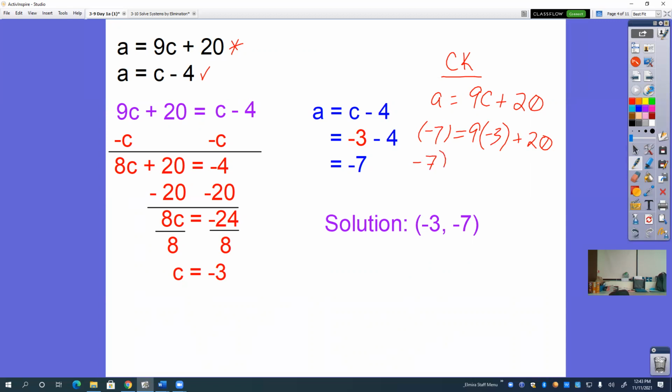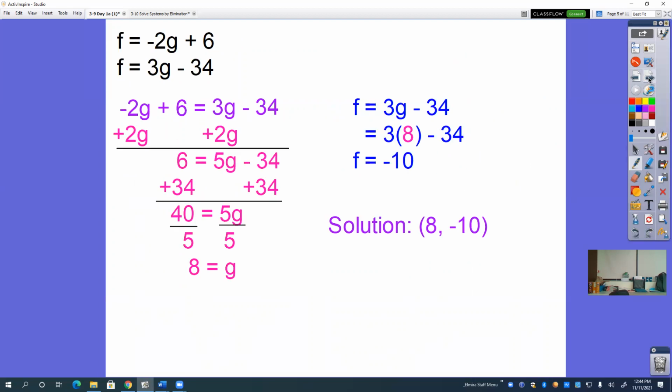Negative 7 equals negative 27 plus 20, which equals negative 7. They equal each other. It checks, so it works out. Okay, so all we're really doing is just setting each of the two equations equal to each other because they are both equal to our variable, in this case, the Y value.